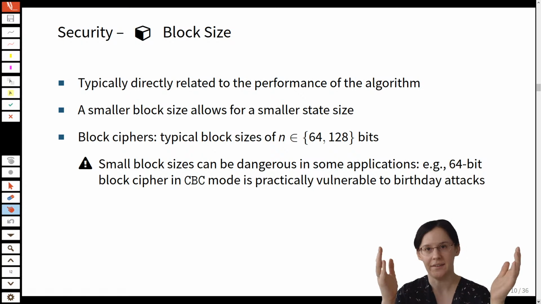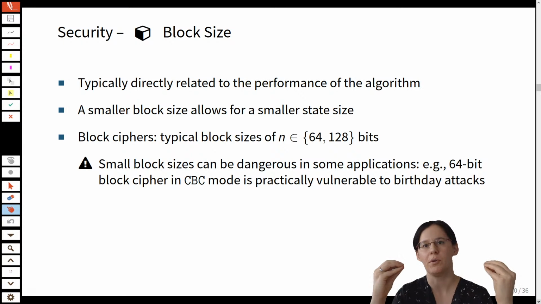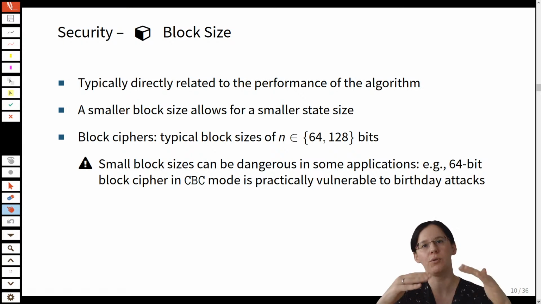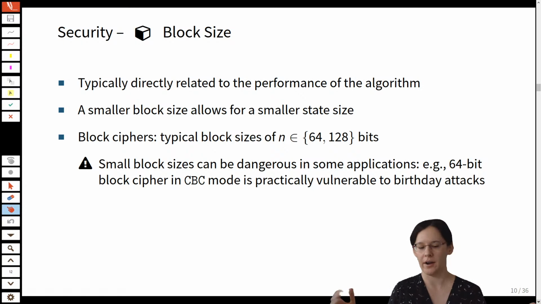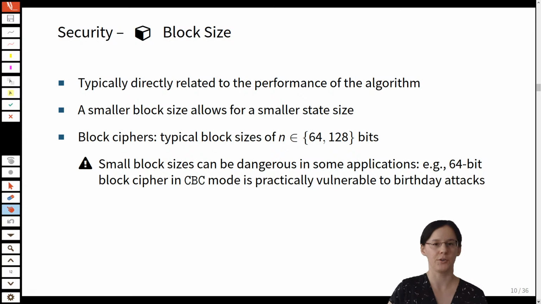And on the other hand, having a larger block also means more work to actually process this block, for example to achieve full diffusion, because the more bits you need to diffuse to, the more it costs. So larger ciphers tend to have a higher number of rounds, for example, which makes them slower as well as having a higher area.